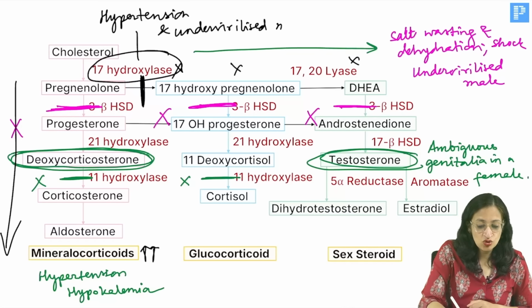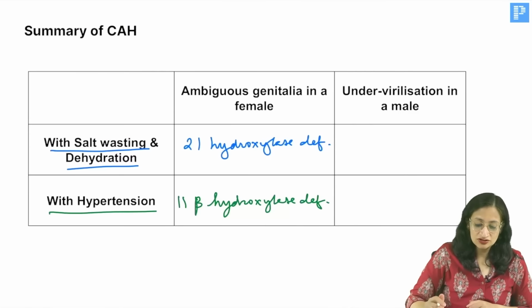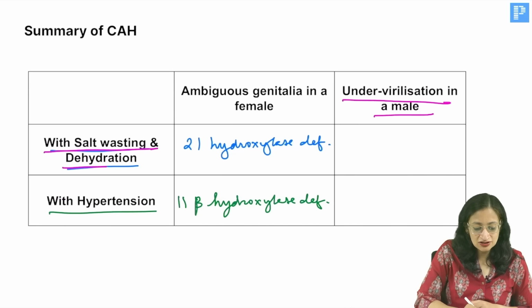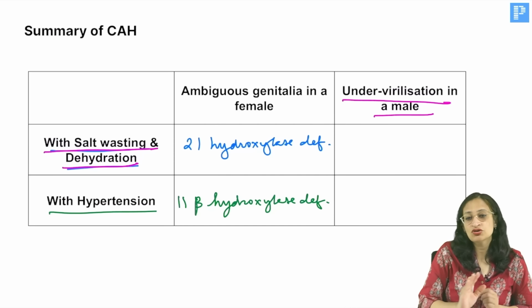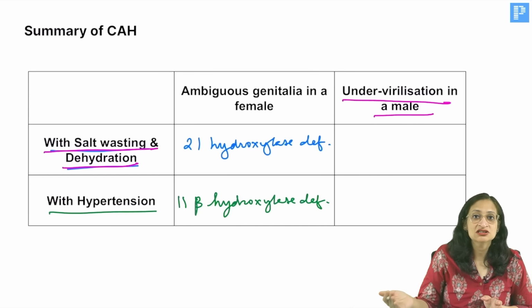So depending on what exactly the case scenario is, the enzyme defect is decided. Okay. So let us write down. If you're getting an under-virilized male, that means the sex steroids are not getting produced adequately. And salt wasting and dehydration means mineralocorticoid, glucocorticoid also not getting produced adequately. All three pathways are affected. Which enzyme defect?